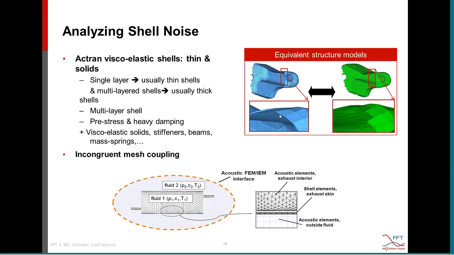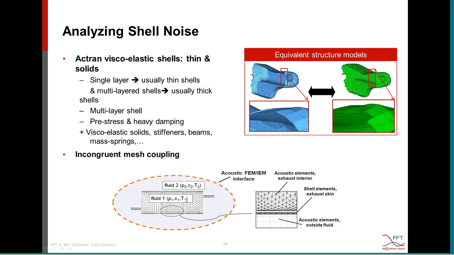To model the shell noise, we also many times need to consider the fluid volume inside and outside that shell component. And for that purpose, we will need the incongruent mesh coupling. That is a quite convenient feature to model multiple domains. Typically, the shell element can be meshed separately from the interior volume and from the exterior volume.